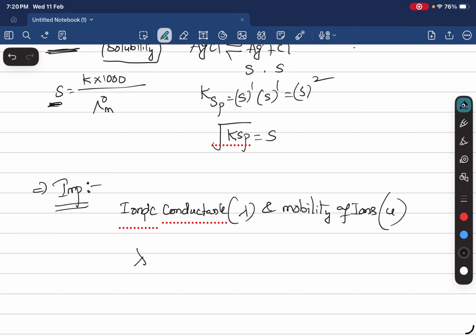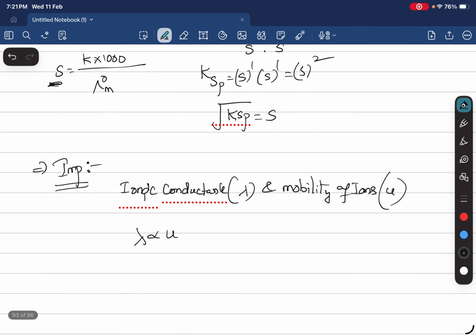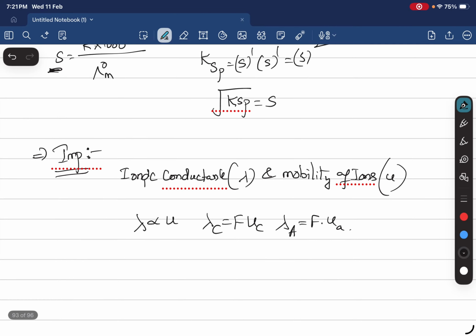So lambda is directly proportional to U, for cation and anion both. So lambda c equals Faraday into mobility of cation Uc. Same way for anion, F into Ua. That's how we can make the relation between lambda and U.